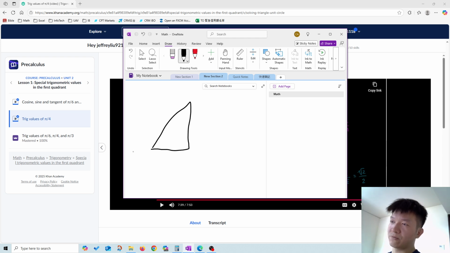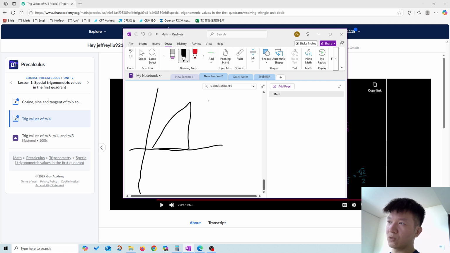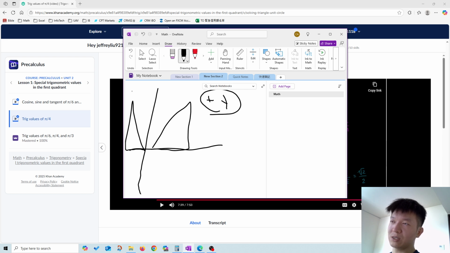So this, for example, is on the first quadrant, right? So in the first quadrant, you have positive and positive. But what if you have a triangle here? Imagine that, right? You're gonna go with the sign of whether it's positive or negative.